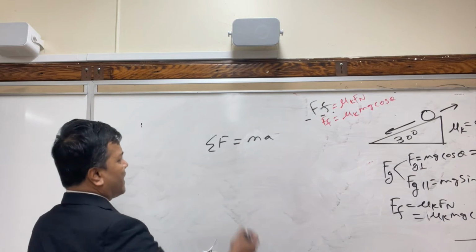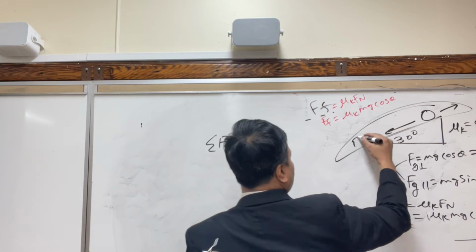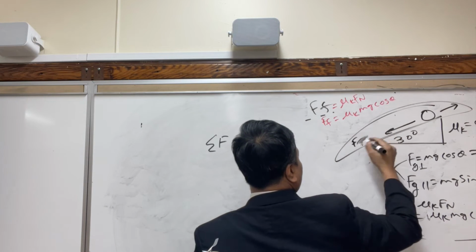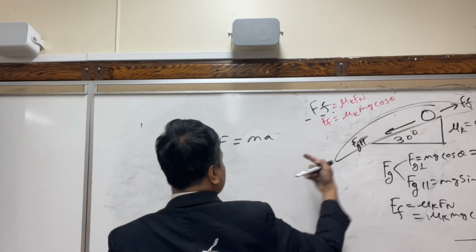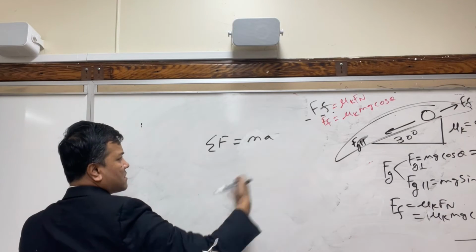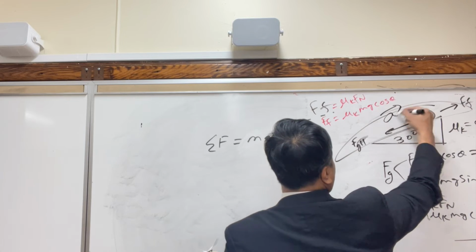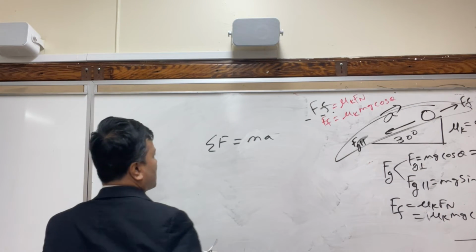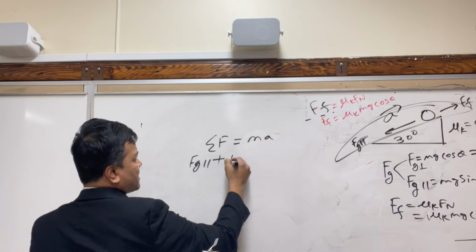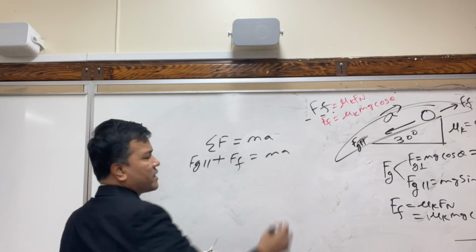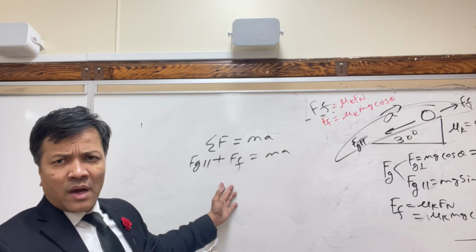Okay, so this ball is moving, and there is Fg parallel. So write all the things that affect the movement or acceleration of the box. You have Fg parallel plus Ff is equal to m a. Wait a minute. You are probably rolling your eyes. Why did he put plus?